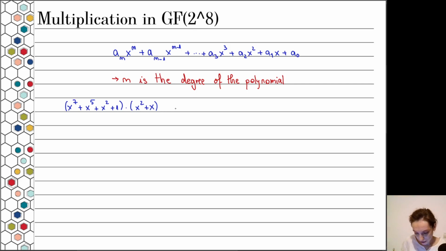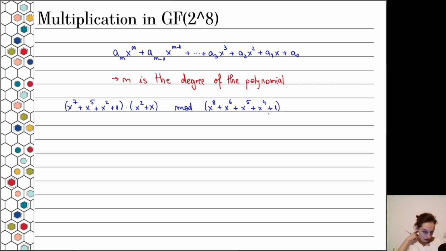So we will have to reduce the result modulo an irreducible polynomial. In our case we will choose to use the polynomial x powered by 8 plus x powered by 6 plus x to the power of 5 plus x to the power of 4 plus 1.